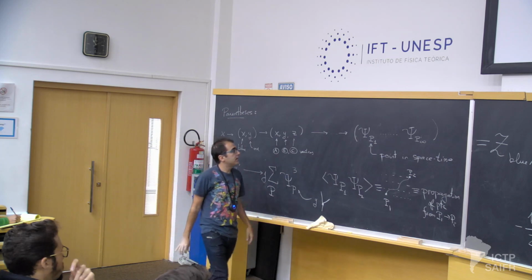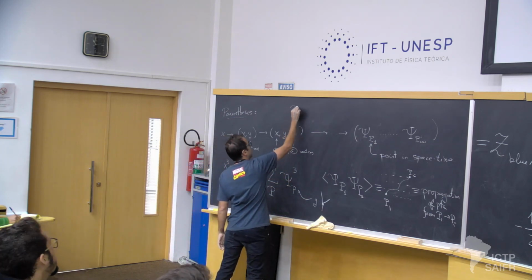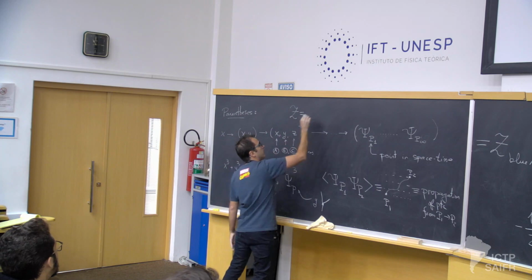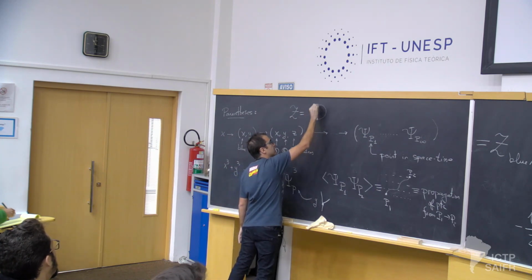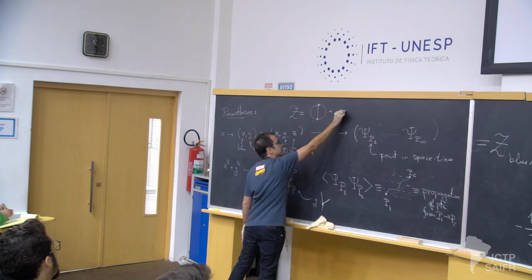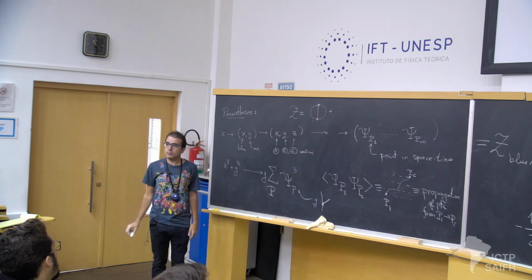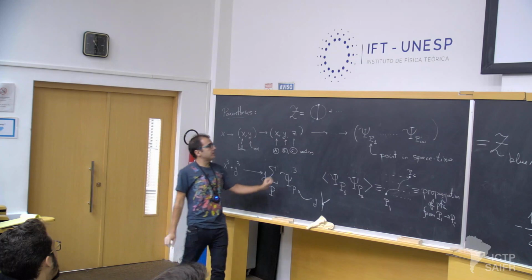And then our partition function Z would be also a picture like this, where I would sum over all possible terms like this, plus, etc. But what does this mean now?